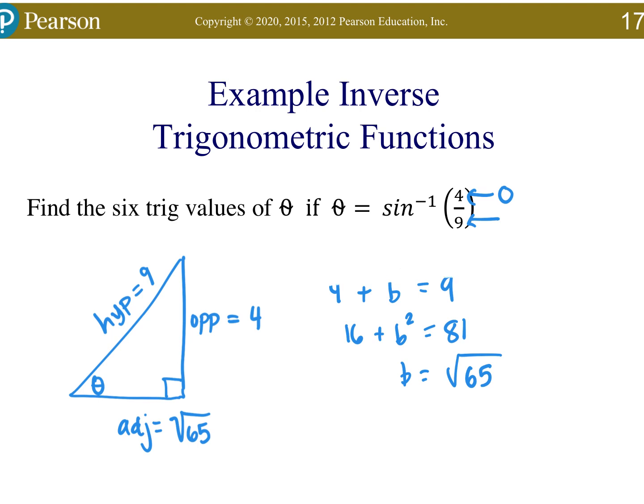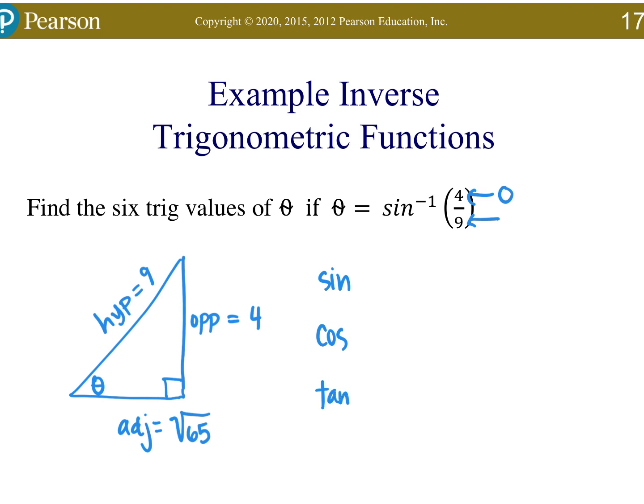So now the question is, tell me all 6 trig values. So the first 3 are sine, cosine, and tangent. After sine, you need to put theta. Yeah. So how would the first thing be different if sine wasn't an inverse? That is a whole different ballgame.